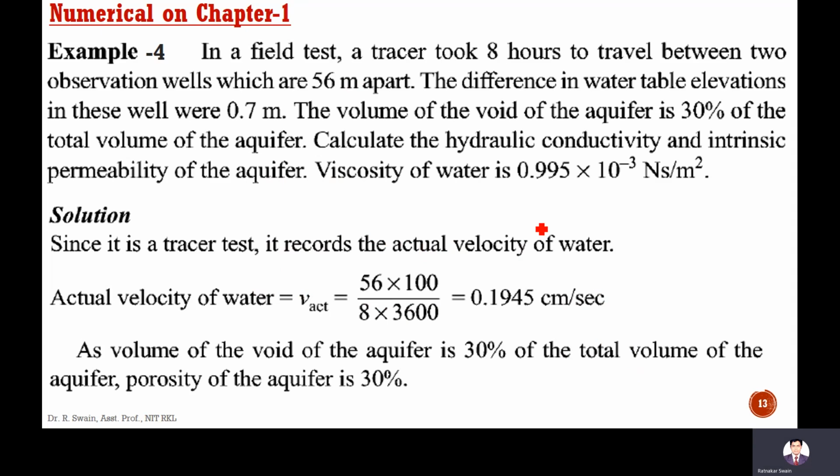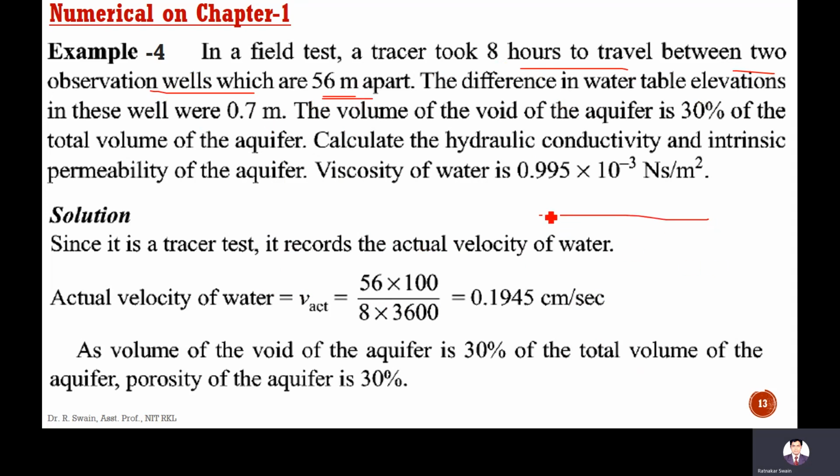Coming to the next example: in a field test, a tracer took 8 hours to travel between 2 observation wells which are 56 meter apart. Here a tracer test is conducted to calculate the discharge. The difference in water table elevation in these wells is 0.7 meter.